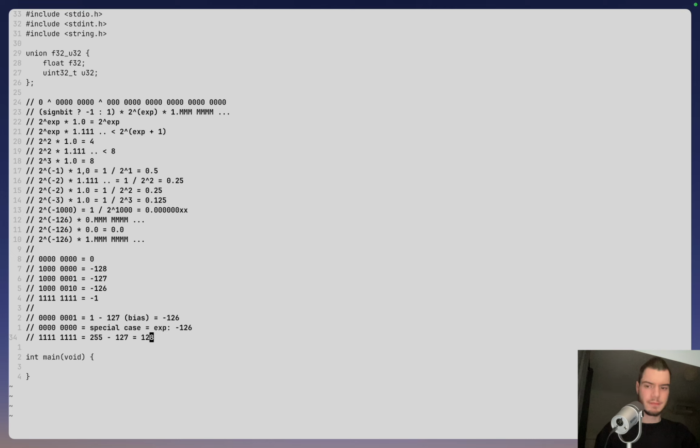But it turns out that there's actually a second special case, and that is for infinity and nan. I think it's a bit too early to get into exactly what nan is. But for now, you should know that this is a value that can be the result of certain arithmetic operations that you perform on floats. For example, if a mathematical operation isn't allowed, like a division by 0, you would get nan.